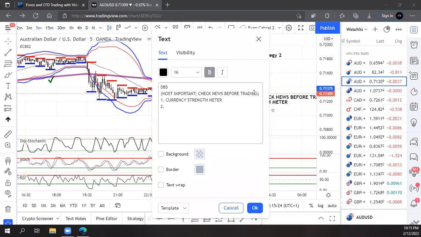For the currency strength meter, when you want to check it, visit livecharts.co.uk. Let me put CSM, visit livecharts.co.uk.